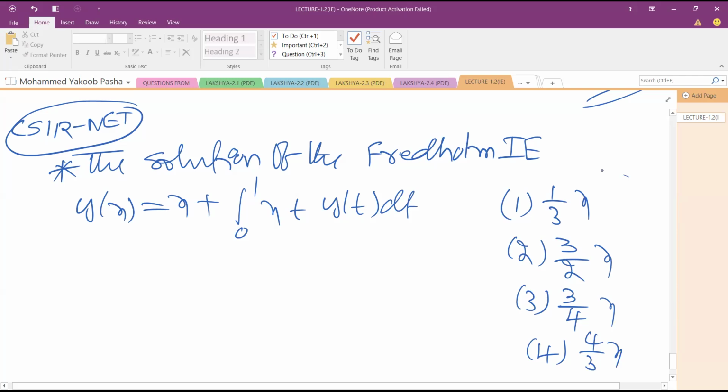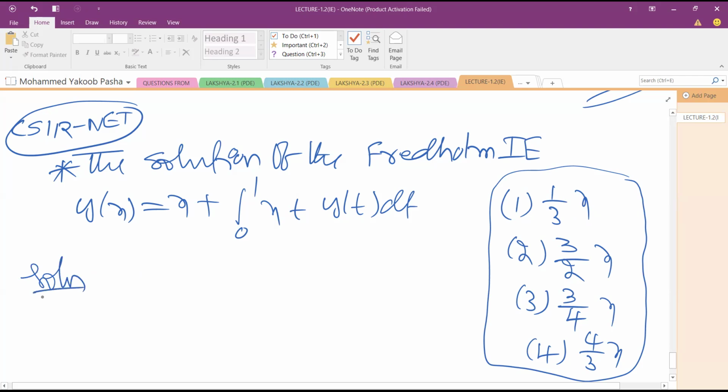Okay, every option is the product of x and some constant into x. So we are taking the solution for this integral equation to be of the form y of x is equal to some constant into x, let us say a. Okay, we need to calculate the a value.